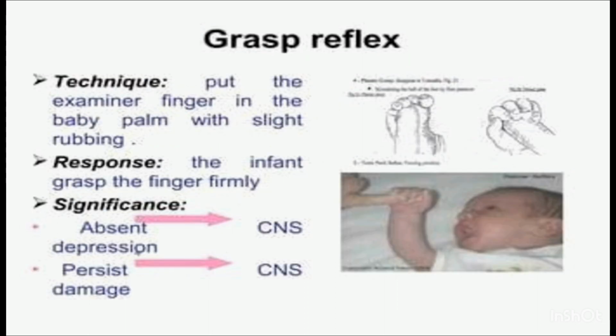In the grasp reflex technique, put the examiner's finger in the baby's palm with slight rubbing. The infant grasps the finger firmly. In significance, absence indicates CNS depression, and persistence indicates CNS damage.